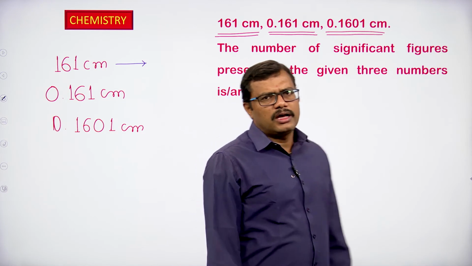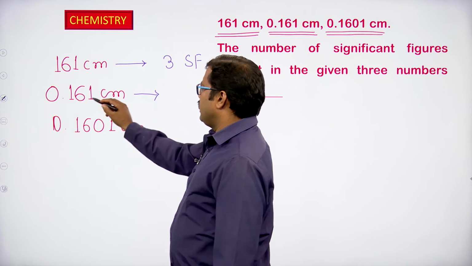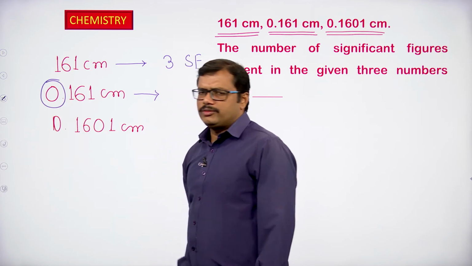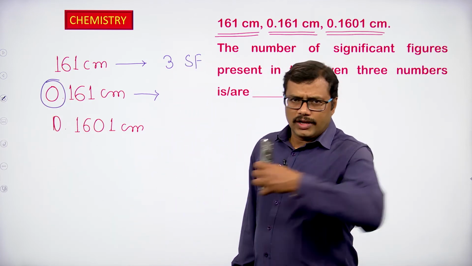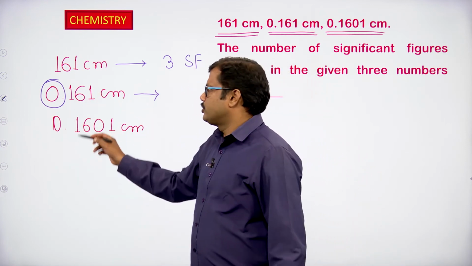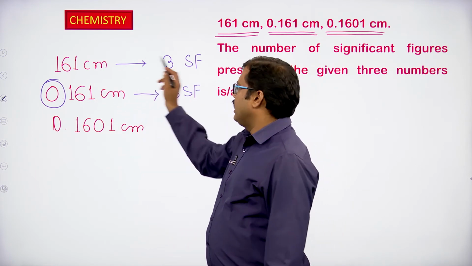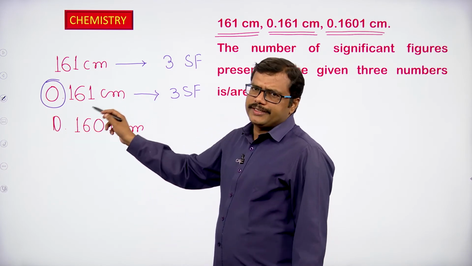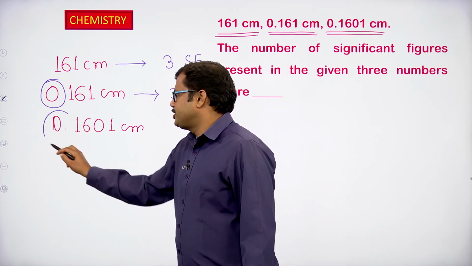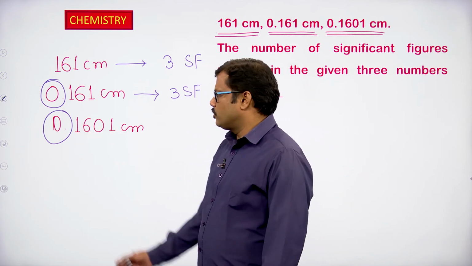161 has 3 non-zero digits, so it has 3 significant figures. Here, it is 0.161. The 0 that is present to the left side of the first non-zero digit is not significant, so this is not counted.